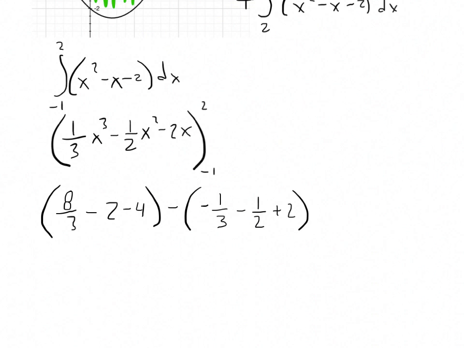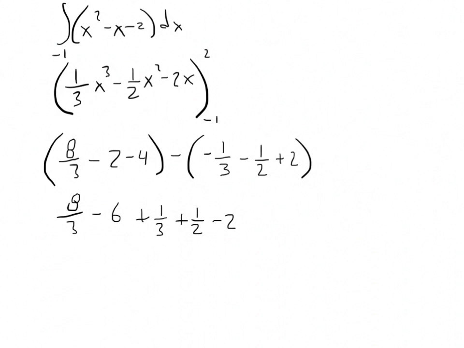Check and make sure I didn't make any mistakes there. That looks good. And now I can start simplifying. I've got 8/3 minus 6. And then if I distribute the negative through this, I'll have plus 1/3 plus 1/2 minus 2. And this is really nice. The 8/3 plus the 1/3 makes 9/3, which is 3.